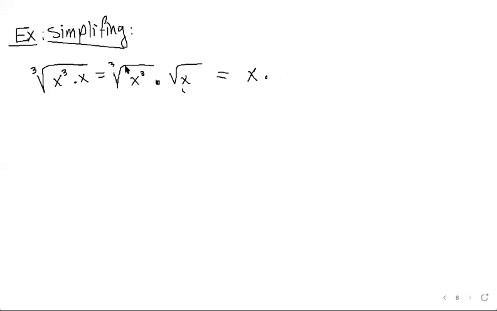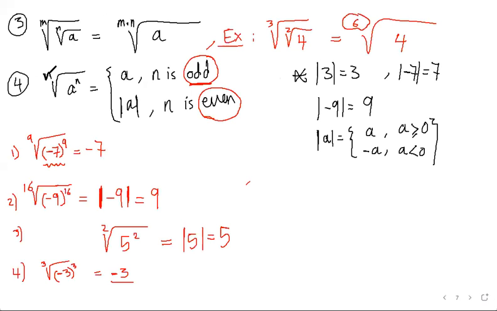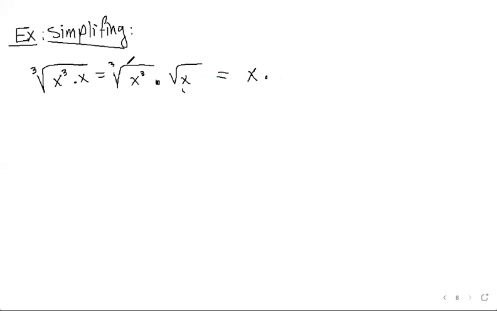Look here, 3 and 3, like using the previous slide. If it's the same, n and n, I have to check if it's odd or even. If it's odd, the answer will be the same. If it's even, the absolute value. Here it's odd, so I keep it the same thing. It will be x. Keep it the same, exactly x.